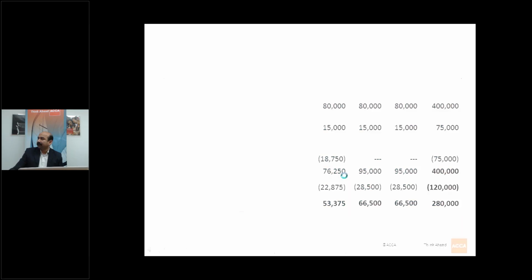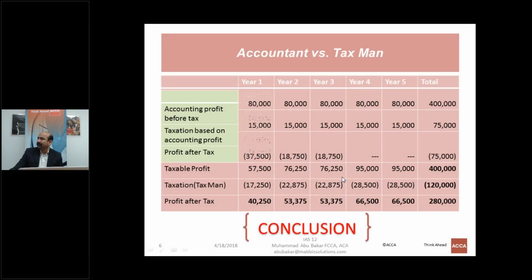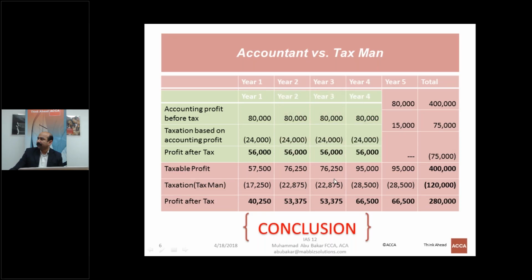If we compare it with our accounting figures, so these were our accountant figures. You can see that in year 1 profit after tax is different from the profit after tax as per tax law, in year 2 profit after tax is different from the taxman's profit, and likewise in year 3 you can see here 76,000, here 53,000, in year 4 here 56,000, here 66,000, again here 56,000, here 66,000.